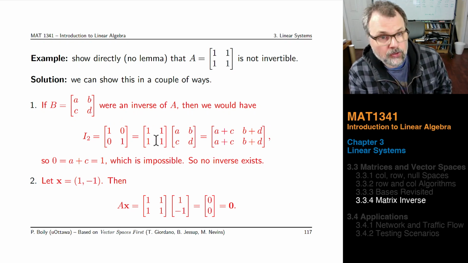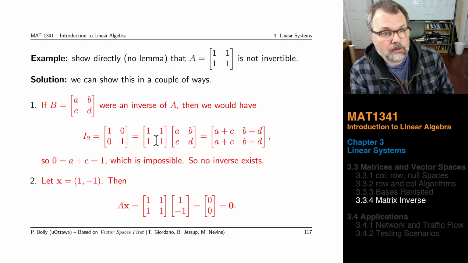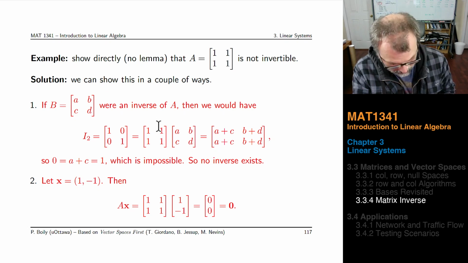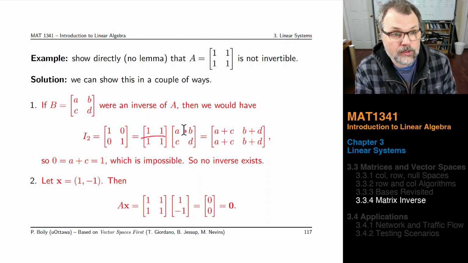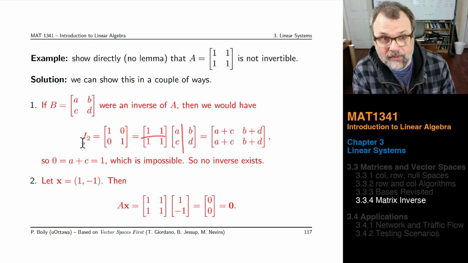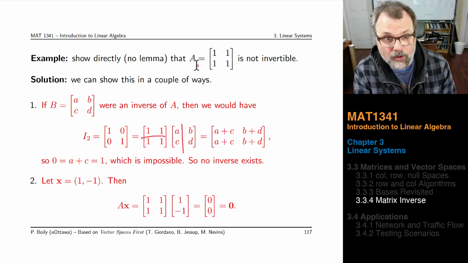So, okay, sure. What is the product of these two matrices? A plus C, right? B plus D, yeah. Then I have A plus C, then I have B plus D. All right, so this matrix here should be the identity matrix if A was invertible.